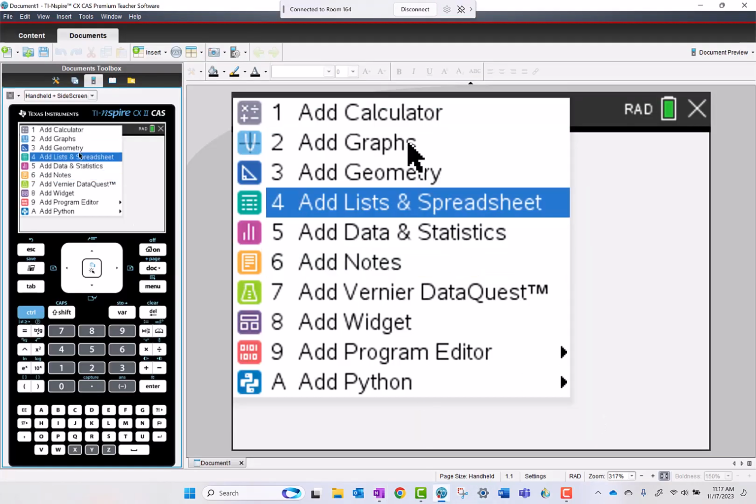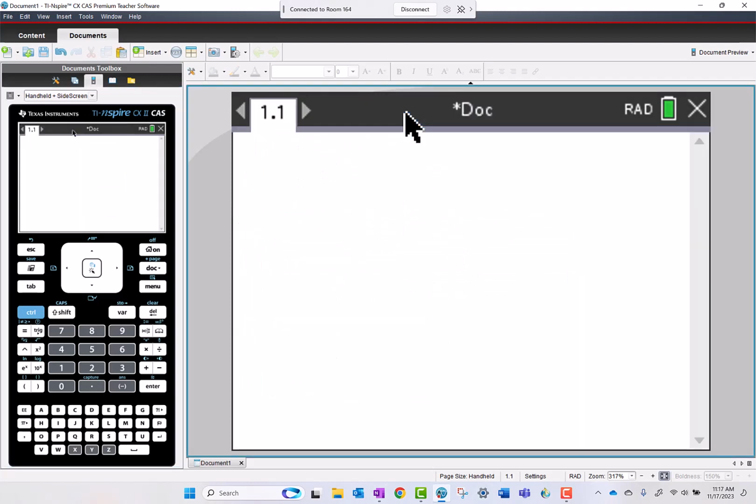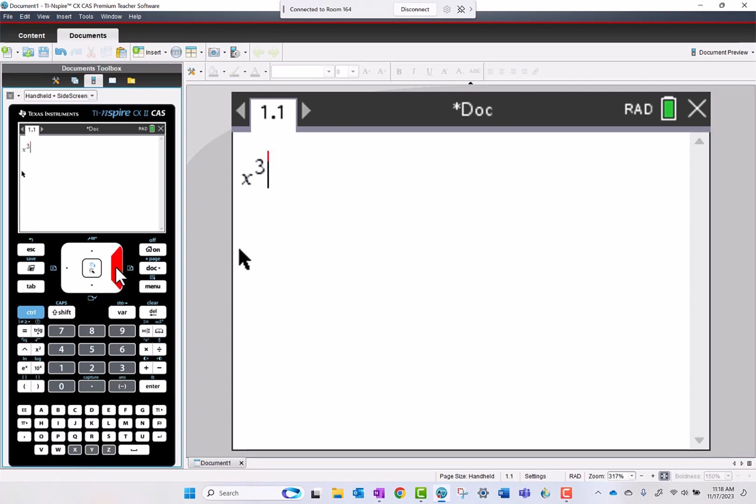So I'm going to just do a calculator page, and I'm going to type in the function. So the function was x cubed minus 3x squared plus 1. Y'all may already know how to do this, but some of you may not, so I'm just going to show you.